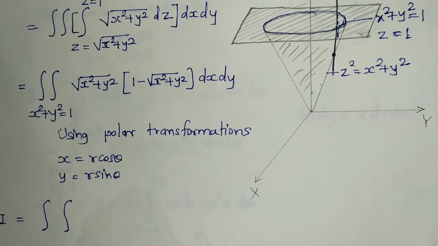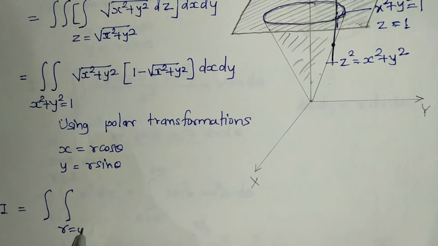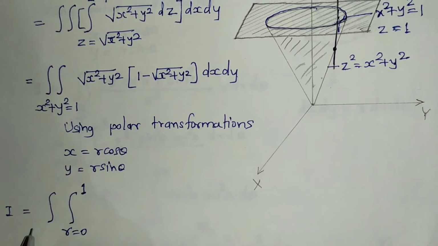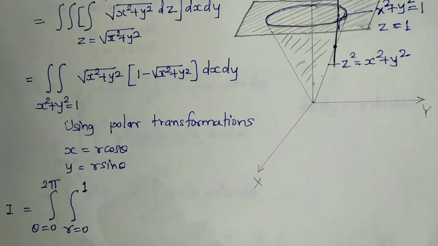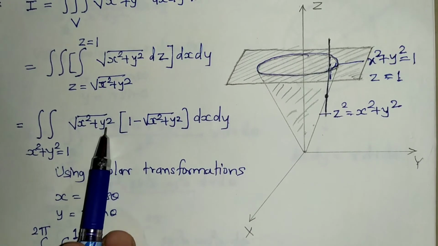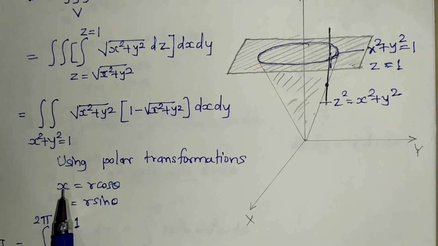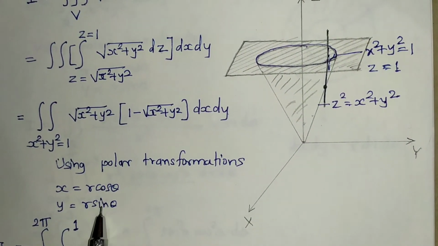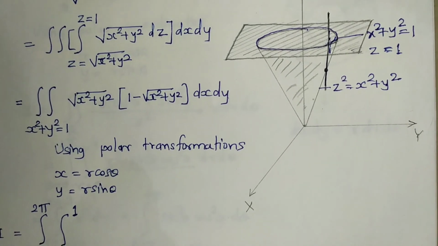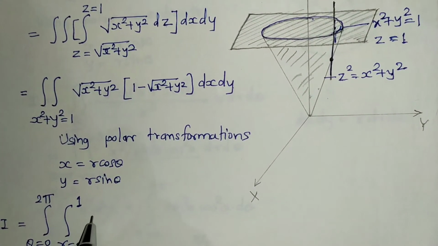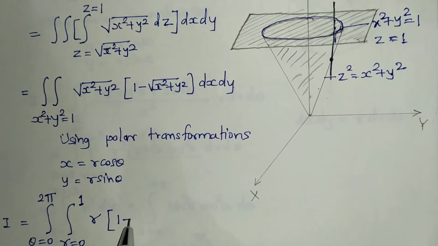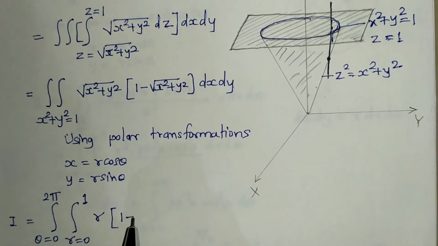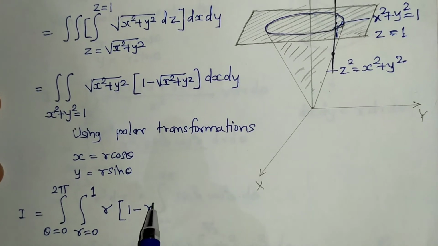What are the limits for r? r changes from 0 to 1, and for the complete circle theta changes from 0 to 2 pi. Now what is the value of root of x square plus y square? x square plus y square is r square, as cos square theta plus sin square theta is 1. So root of x square plus y square means r, and the integrand becomes the bracket 1 minus r.